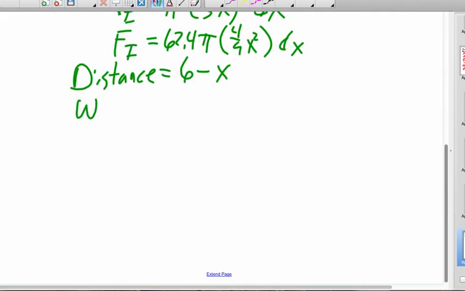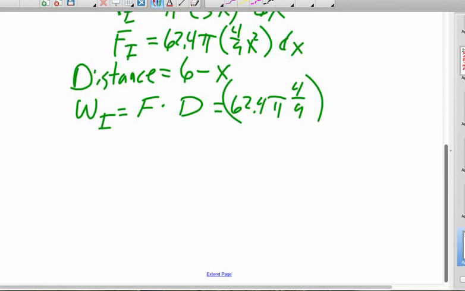The work done on that little individual disc is going to be my force times my distance, which is going to be the 62.4 pi times 4/9. This is all constant, times x squared dx.